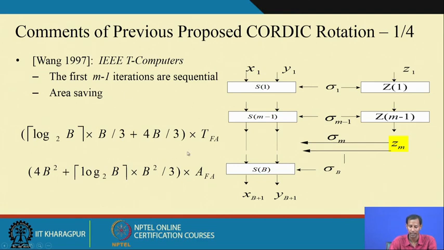Considering this, the delay is log 2 base B into B by 3 plus 4B by 3 into TFA, whereas the area is 4B square plus log 2 base B into B square divided by 3 into AFA. So, this is the architecture which was proposed in 1997.